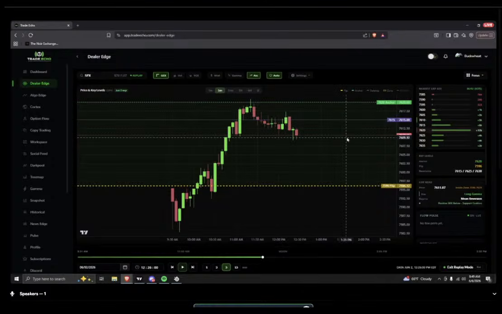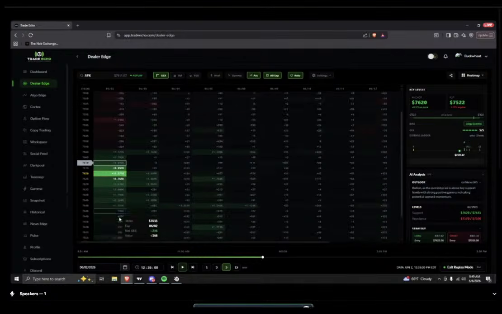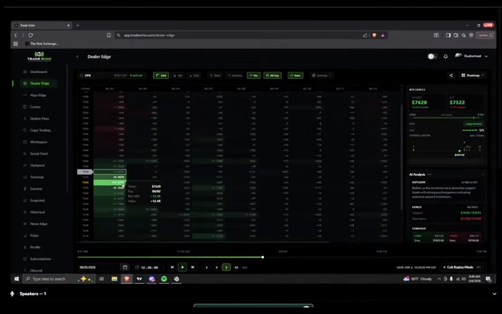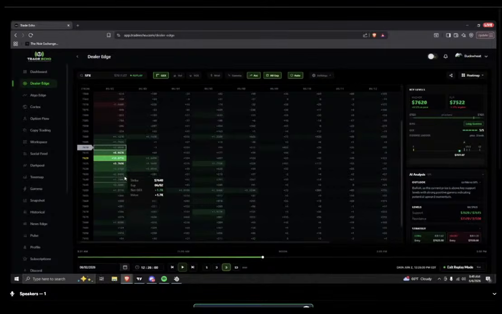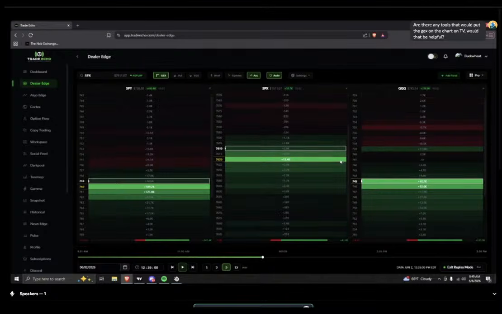And we have GEX and VEX. This is just showing us whether the tape is more controlled, volatile, compressed, or ready for an expansion. And open interest is really just showing us where options positioning is crowded.